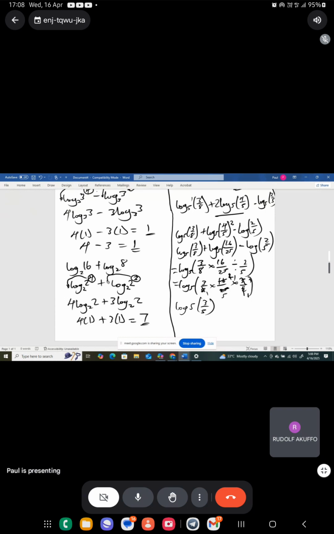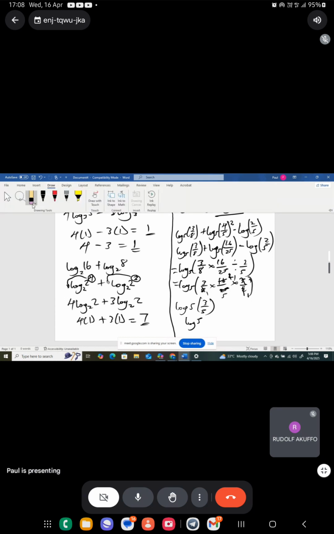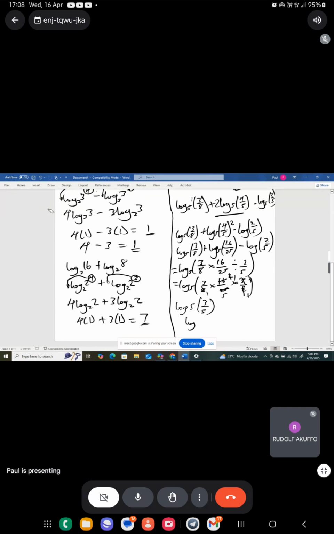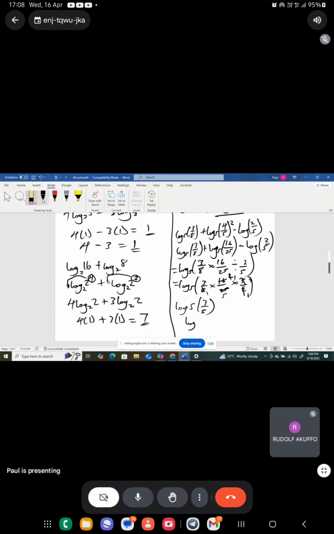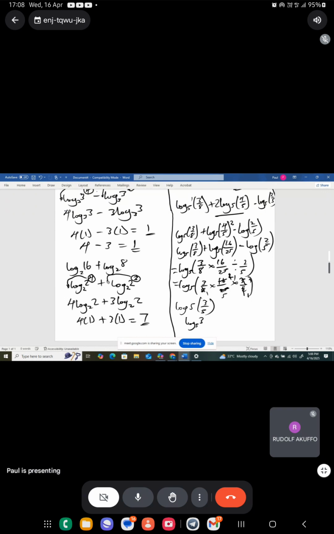Okay. So from here, we can split it. The base is 5. So we get log to the base 5 of 3 minus, since it's division, it becomes subtraction, log 5 base 5.